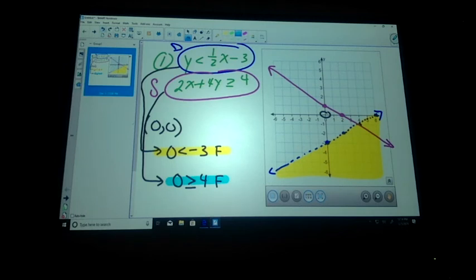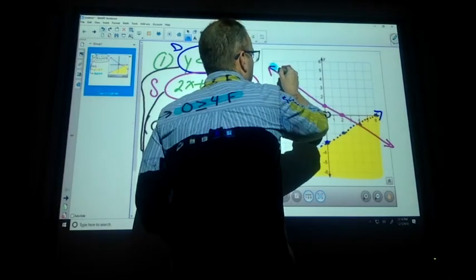Talk to me about where we would shade in reference to the purple line. Above and to the right, correct? So this whole region up here.